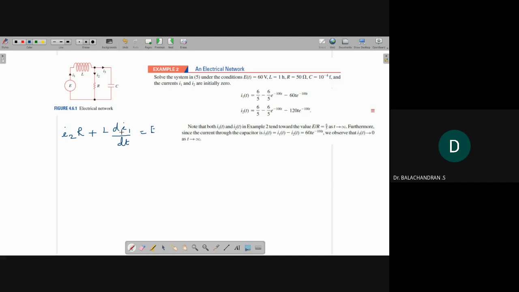So anybody try to tell the second equation in this loop? It is open to everybody.